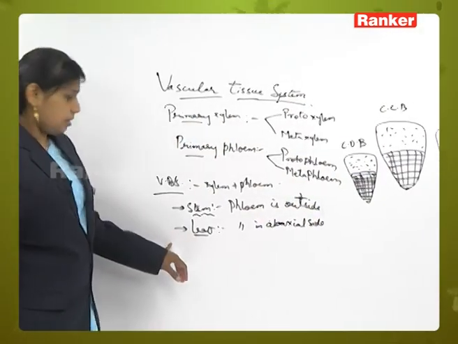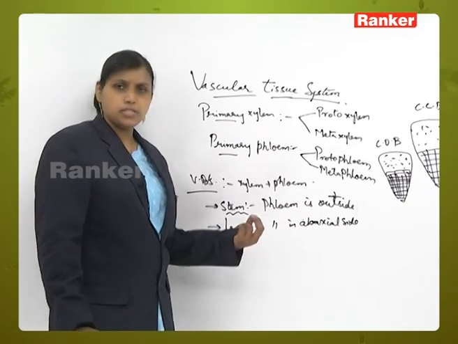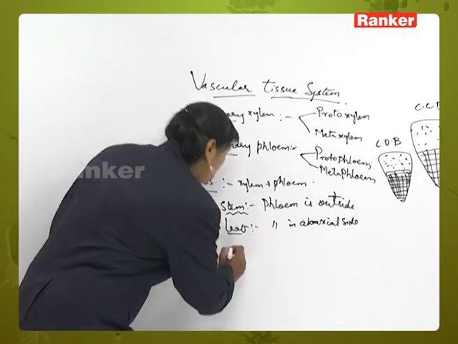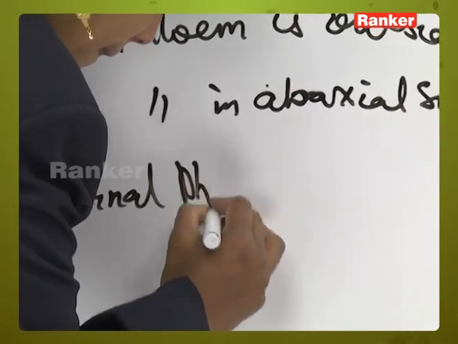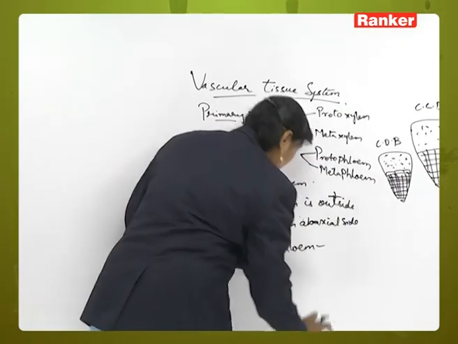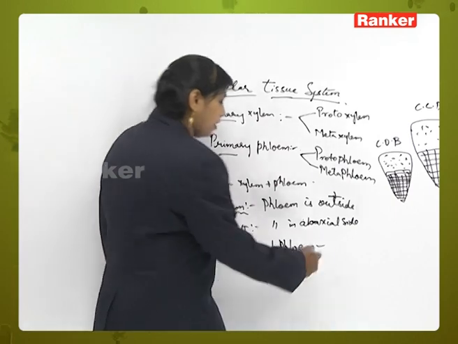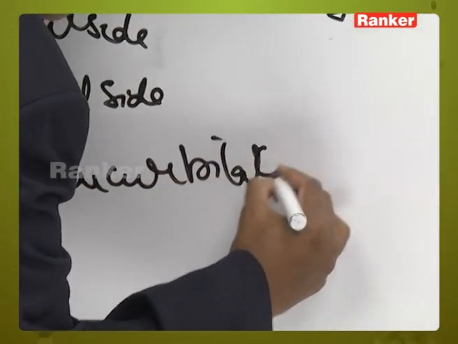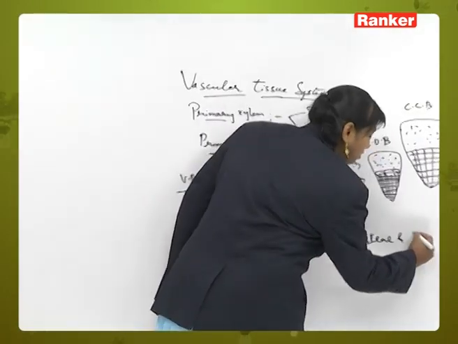Now in some plants, in some members of families, you will see the presence of phloem towards the inner side. Those are called internal phloem. When we studied phloem in detail, we saw this in families like Cucurbitaceae and Convolvulaceae.